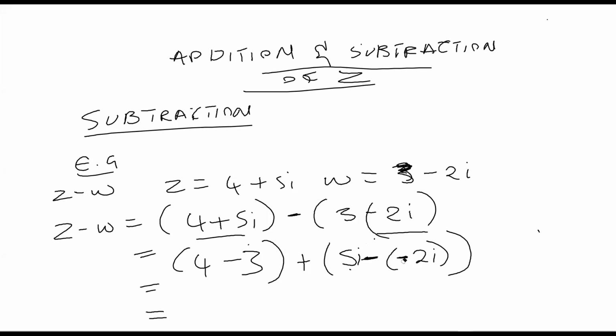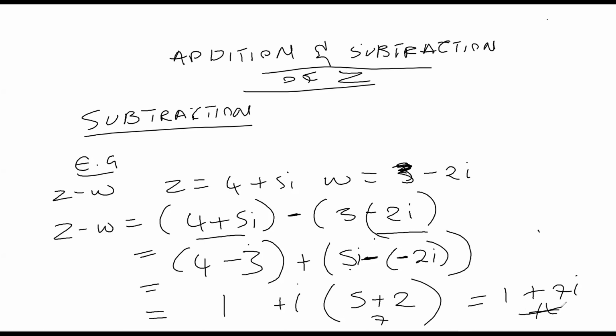So when you consider the negative sign on the inside here, you're going to have 1 here, obviously. Then you're going to have plus i, okay, that plus that. So we're going to have 5 plus 2 on the inside, which is going to give us a 7, leading to our answer being 1 plus 7i. I hope you understand. Yes, thank you.